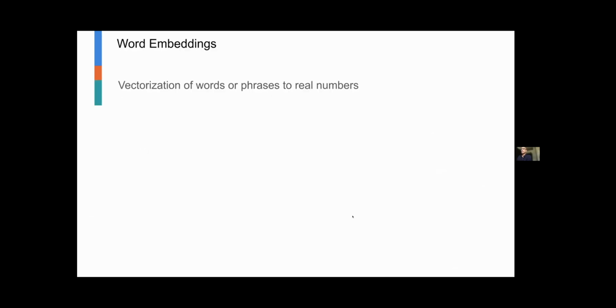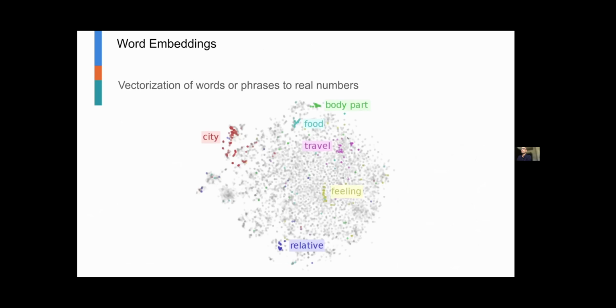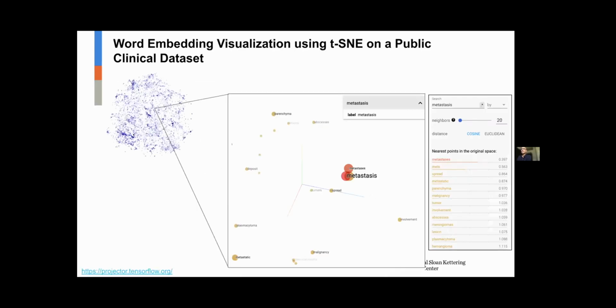For any word, if you were to take all of Google and figure out what's closely represented, you can get a scatter plot and see what's closely related. But for cancer, it's a lot more tricky. And so if you want to do the same for metastasis, this is something that can be generated here.